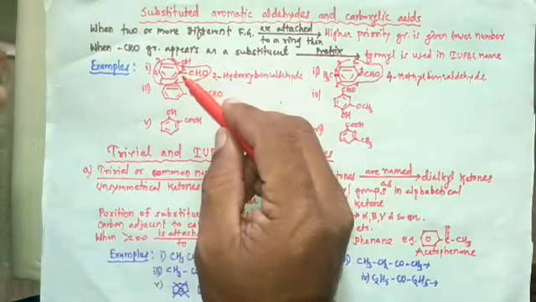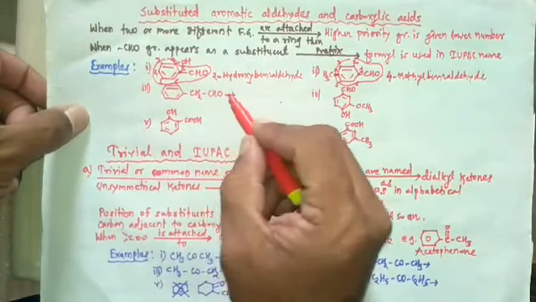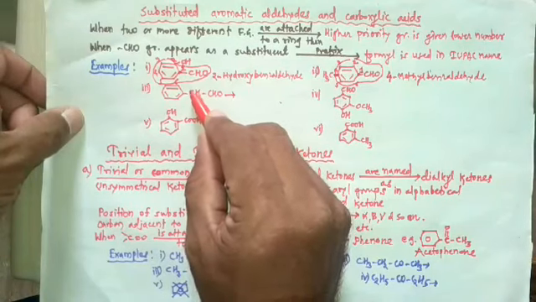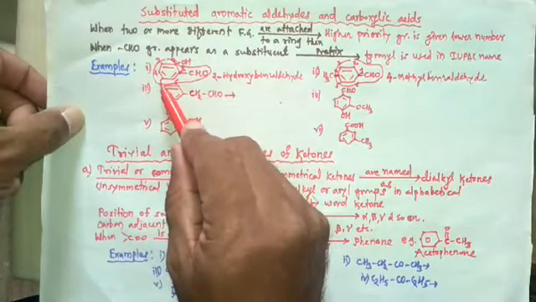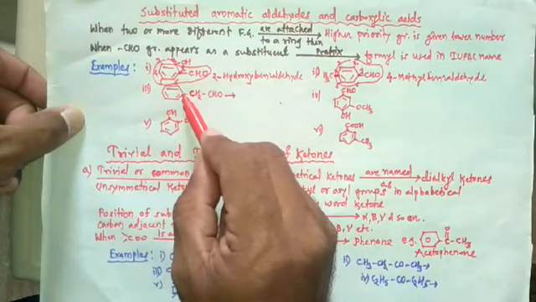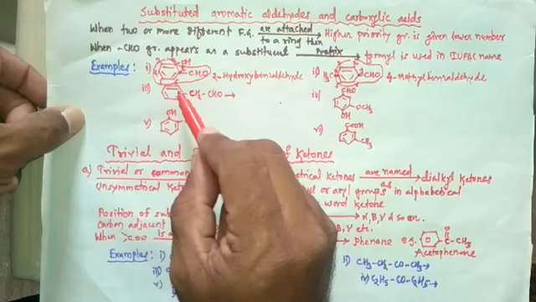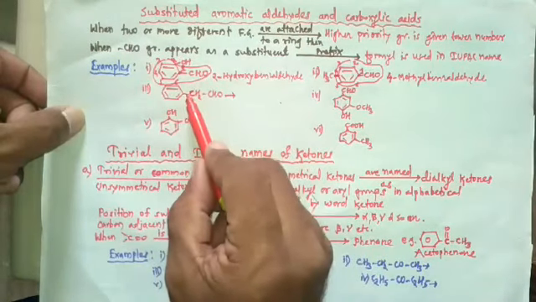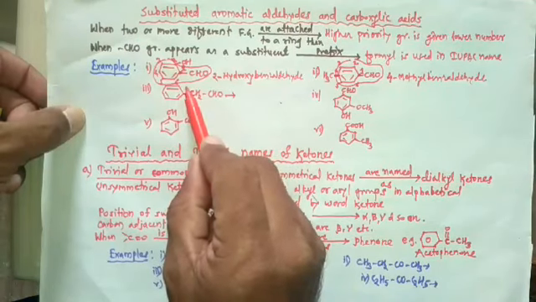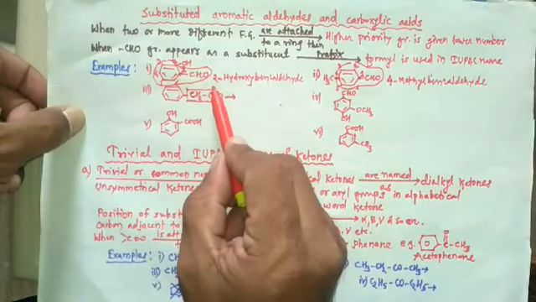Then see the next example. Here, to the CH2 group, one branch or side chain is attached, that is C6H5, and its name is phenyl group. To name this compound, first of all we have to select the longest possible continuous carbon chain.